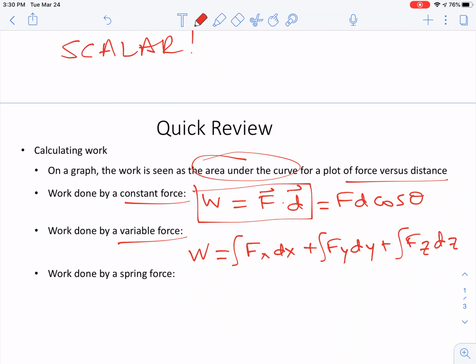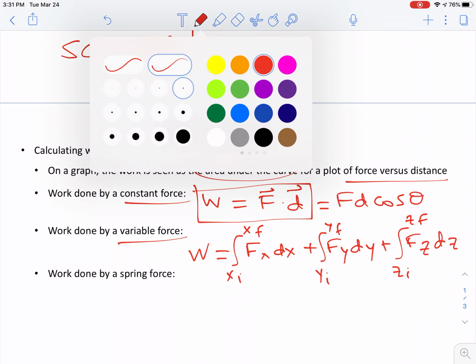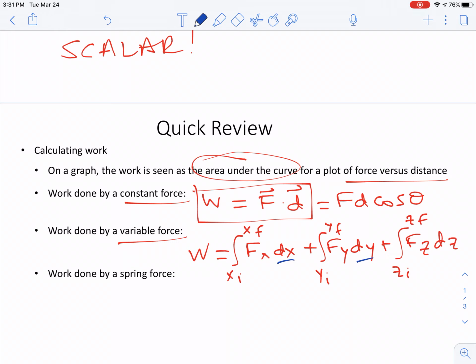Since the integrals are over distance, this would be x initial to x final, this would be y initial to y final, and this would be z initial to z final. Because your differentials are x, y, and z, you're integrating over these.